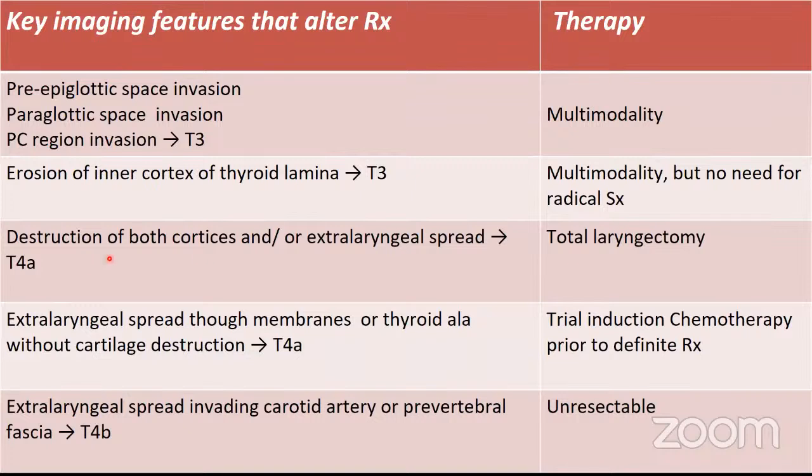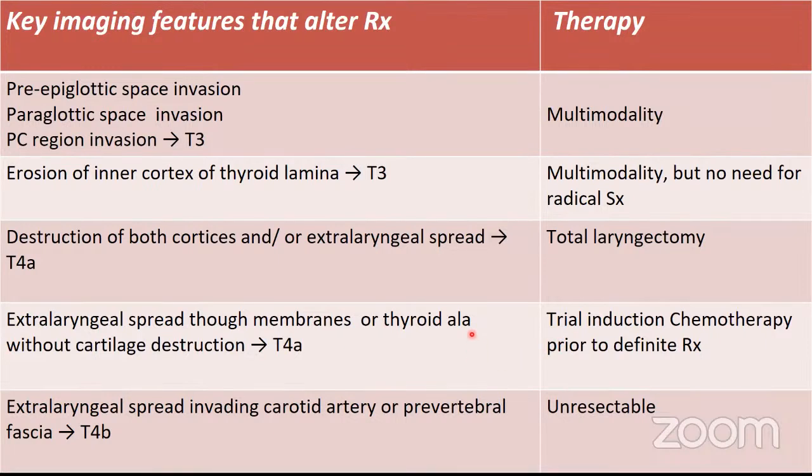If there is destruction of both the cortices or there is exolaryngeal spread, then the patient is a candidate for total laryngectomy. If there is small volume exolaryngeal spread, no involvement of the cricoarytenoid joint, and there is a possibility that the patient may have a functional larynx after treatment, a trial of induction chemotherapy can be given.